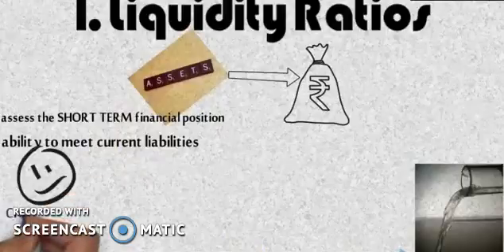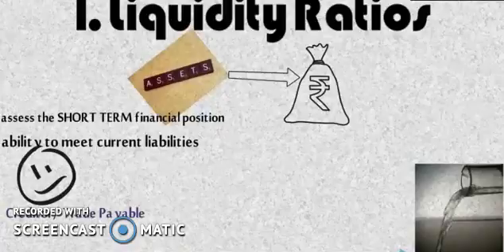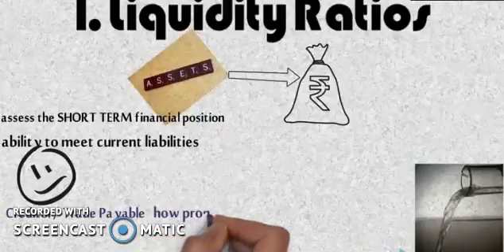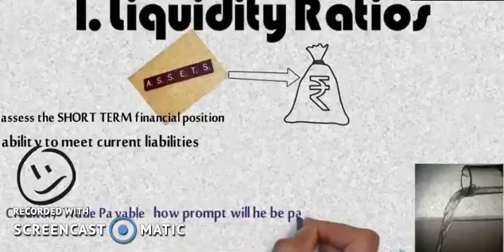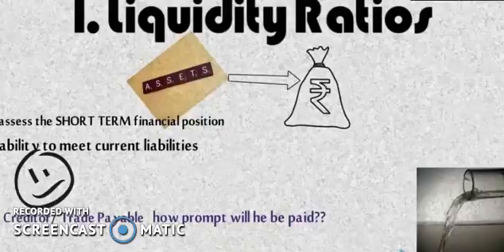Why is it important? Because creditors or trade payables, a new party, or a bank we approach for a loan need to know how promptly payment will be made to them, that is, our payment making ability in the short term.